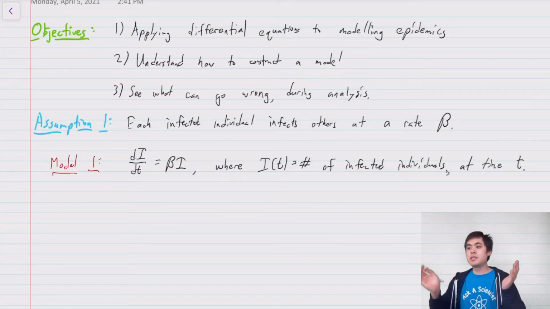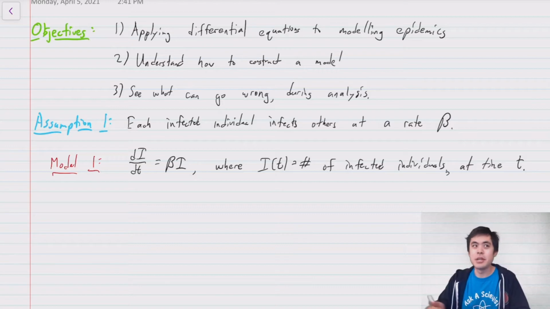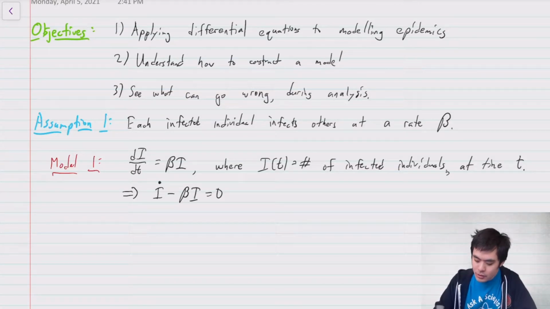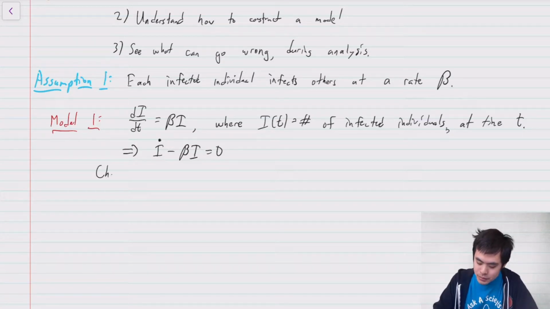Well, this is just a simple linear first order differential equation, so we know how to solve this. Let's rewrite this: I dot minus beta I is equal to 0, and let's use the characteristic equation, though we can of course also use integrating factors. So the characteristic equation is lambda minus beta is equal to 0, which implies that lambda is equal to beta.